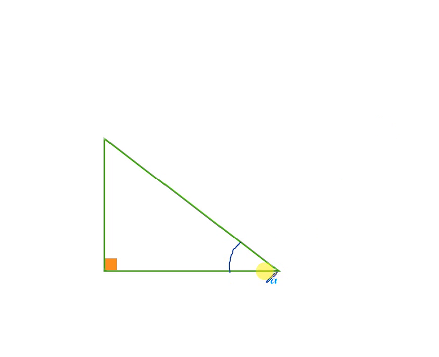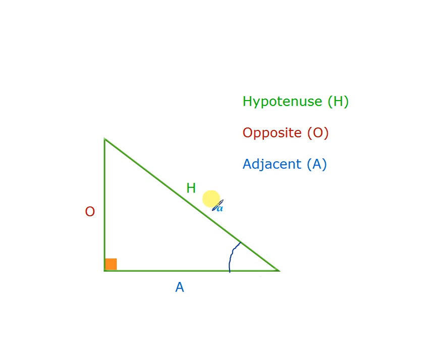So for example, if we know this angle, we put the label hypotenuse onto the longest side. The opposite will be the side that is opposite the angle, and the adjacent, you could either say it's the other side that's left, or you could say it's the one beside the angle.